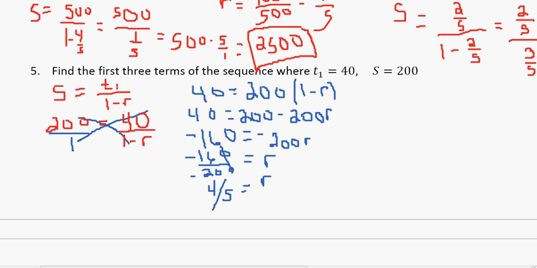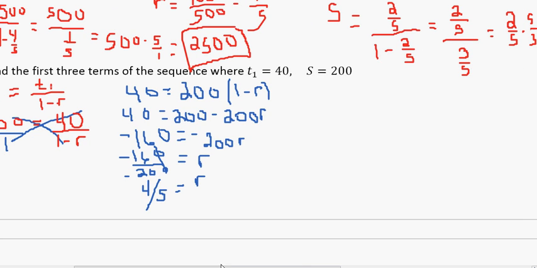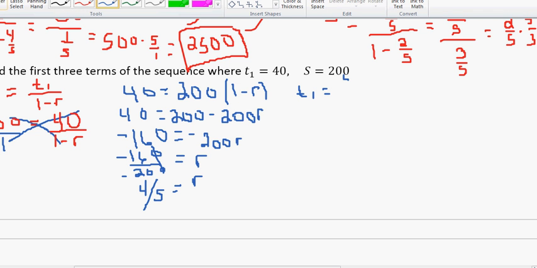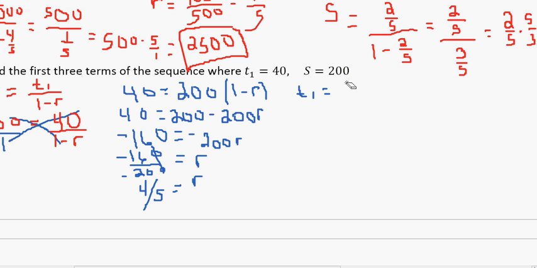So r is 4/5. Okay? So now we found r, but they want us to find the first three terms of the sequence. Well, we already know the first term. The first term is 40. Now remember, this is a geometric sequence.